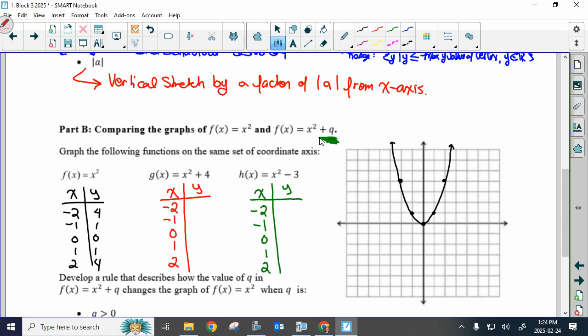You can use your graphing technology. You don't have to do it in your head. Like using your graphing technology, let's just double check. Do you have this table of values? When you typed in y2 is equal to x squared plus 4, did you get -2 and 8, -1 and 5, 0 and 4, 1 and 5, 2 and 8?